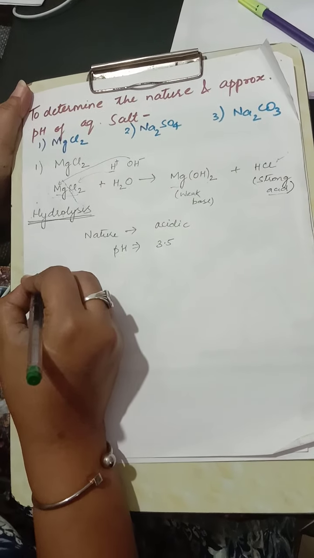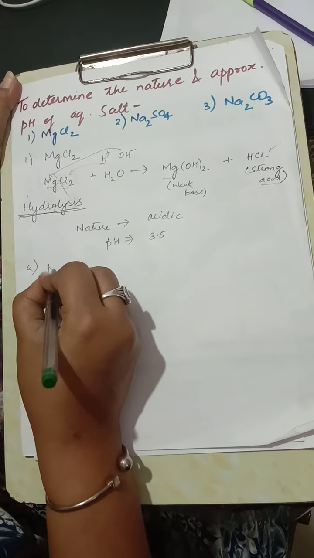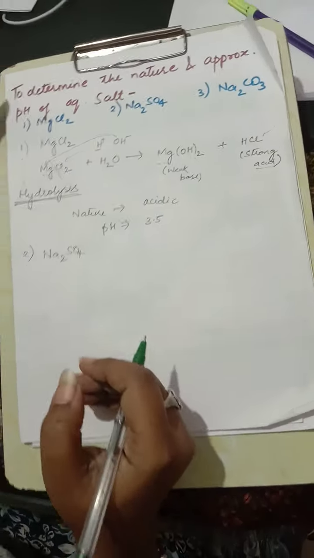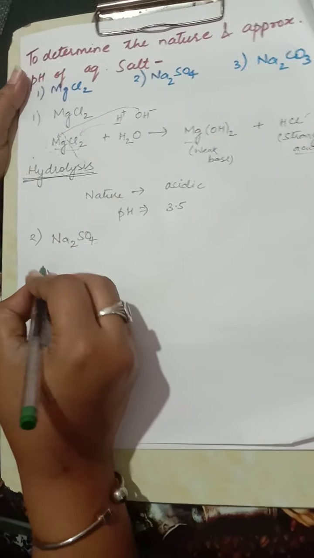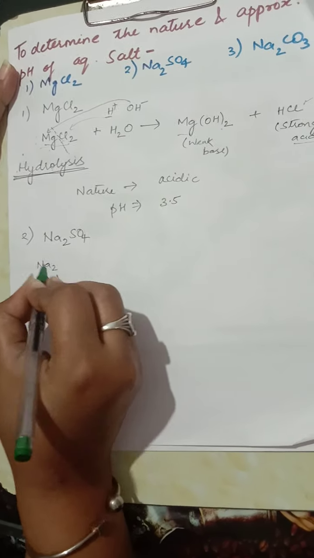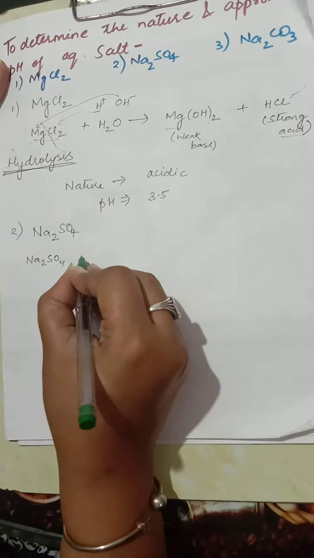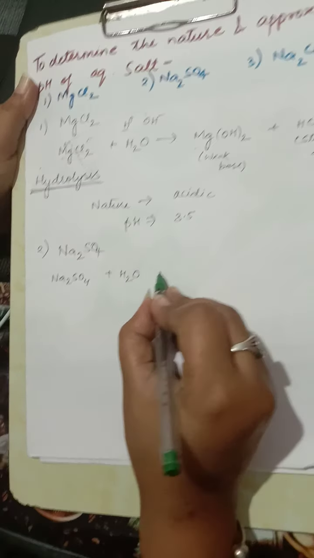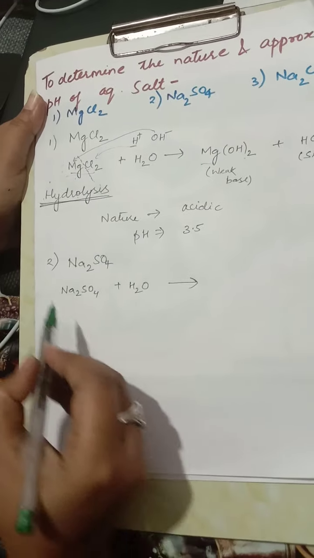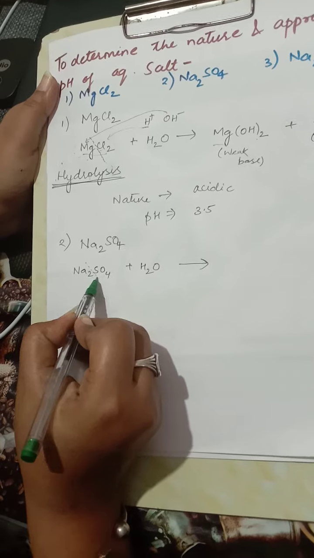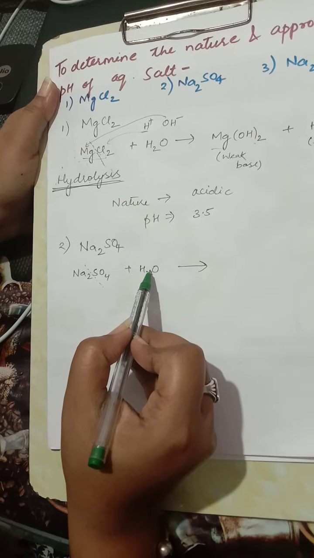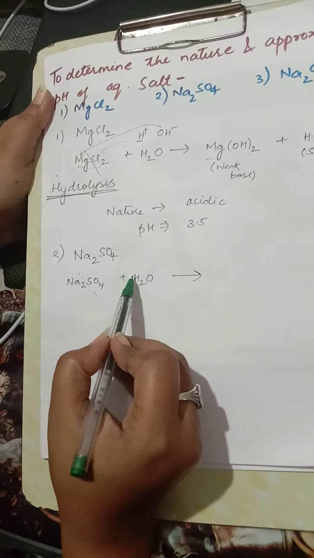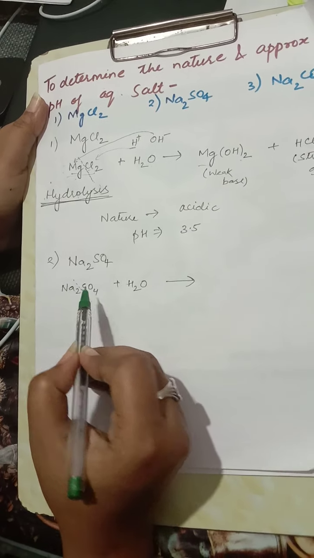Next, sodium sulfate. Again, we will take sodium sulfate, and sodium sulfate will also undergo hydrolysis reaction, and OH part of water will go to sodium, hydrogen part will go to SO4.